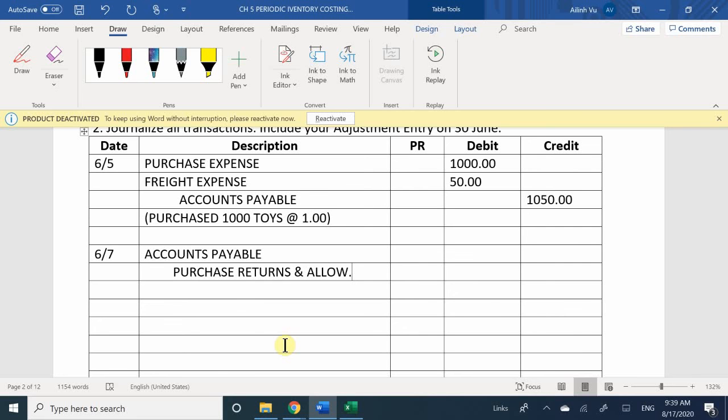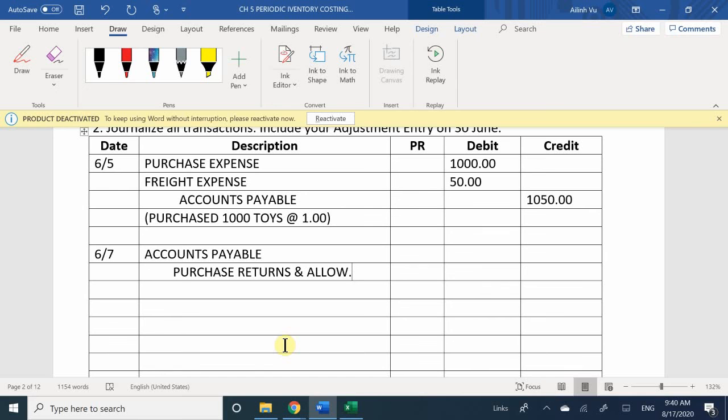Purchase returns and allowances is a contra account that we're just using as a placeholder to place back where our actual returns are, because we're making purchases. We don't calculate it until the end of the period, and that's when we start converting it into inventory. So we cannot just dive in, because as of right now, we don't have a clue how much inventory we have. So yes, we need to create a contra account, purchase returns and allowances.